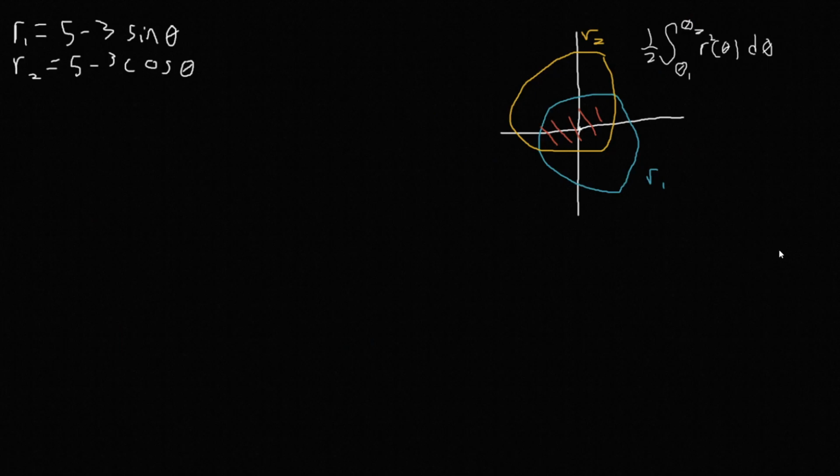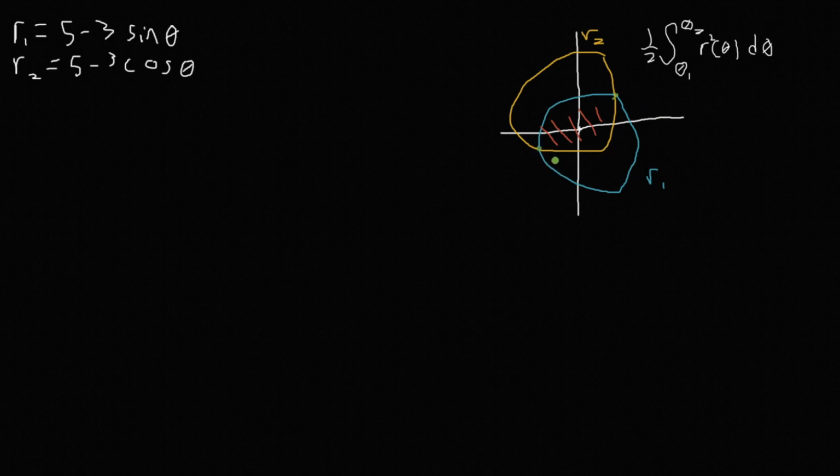So what if we wanted to find the area between two polar curves? When you have a question like this, you need to be very intentional about what you are doing. We have our two R1 and R2 here. And the first thing I'm going to do is see that they intersect.